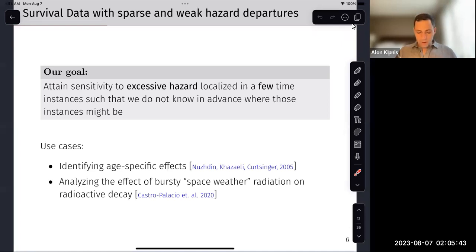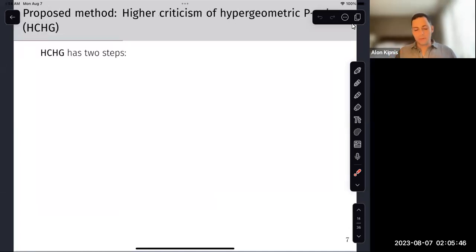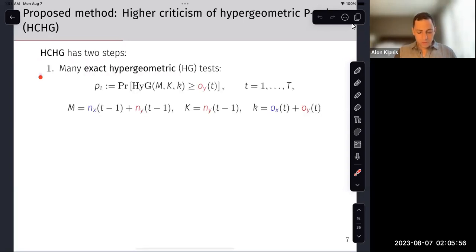Now, here's the method. We call it higher criticism of hypergeometric p-values, and we abbreviate it HCHG. HCHG has two steps. In the first step, we do many exact hypergeometric tests.